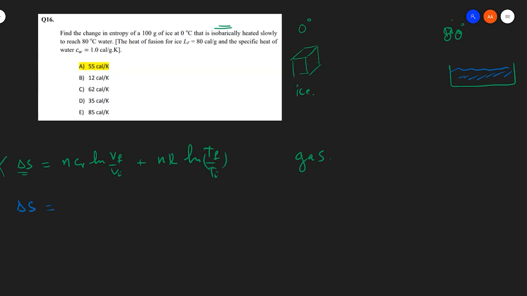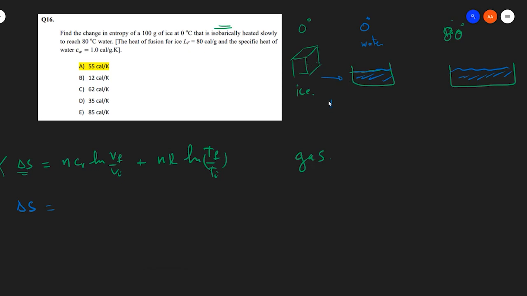First of all, we need to understand what is happening. First, we will have a fusion of the ice, so we will have water at 0 degrees. We have a fusion from here to here.